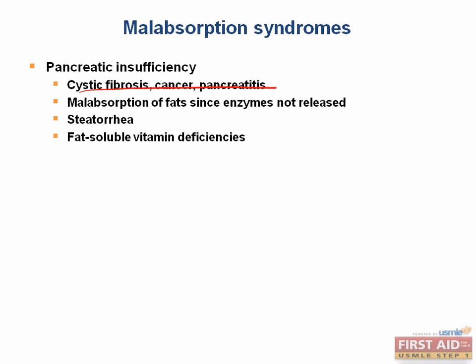You could expect to see all the fat-soluble vitamin deficiencies in a patient with pancreatic insufficiency, especially if it's long-standing. What are the most common fat-soluble vitamins? That's right. It's vitamins A, D, E, and K.